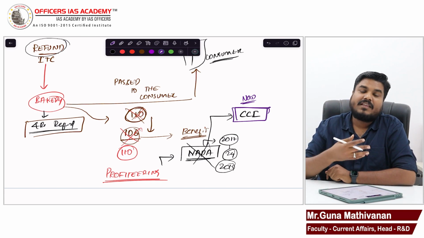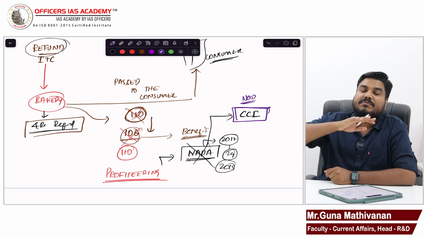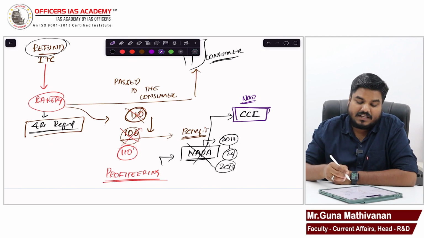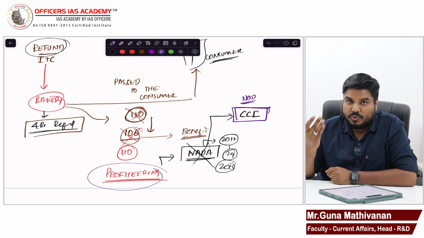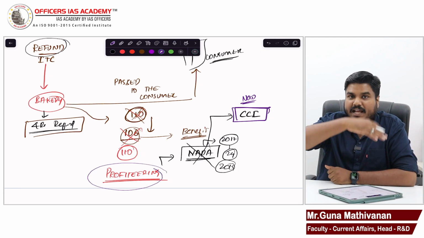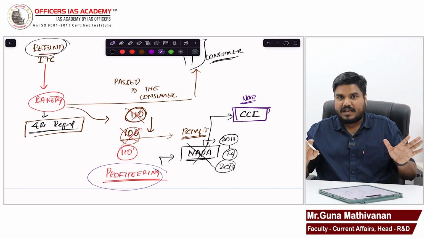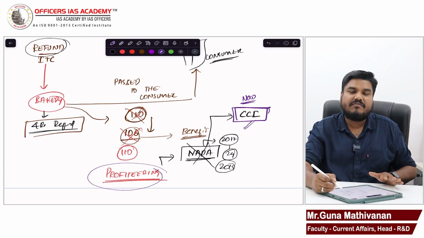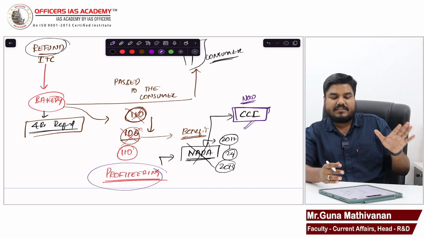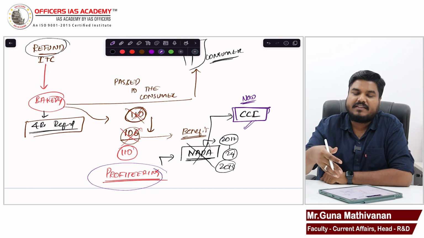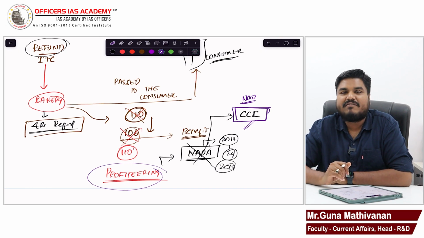The expectation is that the business firms who get the refunds should pass on the benefit to the consumer. If they are not passing it on, that is called profiteering. To address this issue, a national level authority called NAPA was set up, but now there is no more NAPA. The Competition Commission of India will be taking care of these profiteering activities. If you come across such profiteering, you can raise a complaint to the Competition Commission of India and they will take action.